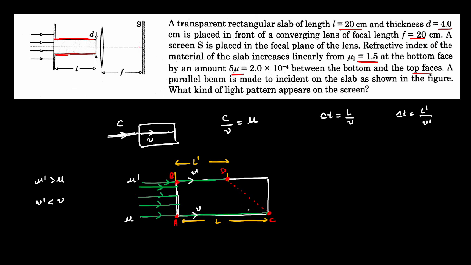So you can say that the red color dots form a new wavefront. But by the time D reaches, let's say, D dash, C would have spread its influence in this medium, in vacuum, and that information is carried. By the time D reaches D dash, C would have gone to some other location.